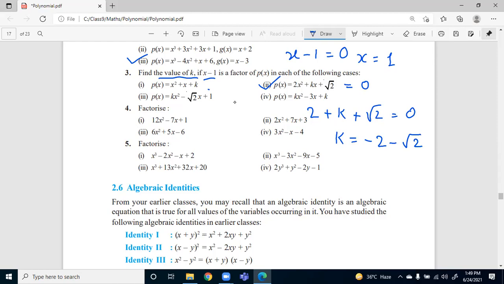So please try the fourth part also. Ma'am, is it k is equal to 3 by 2?